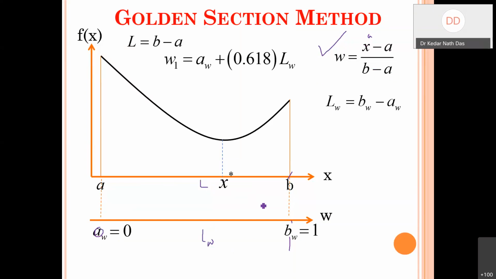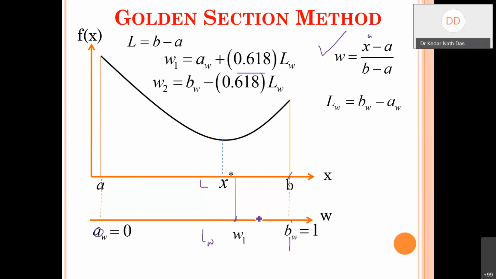L is the length from A to B, and W1 can be calculated just by using this golden number, the inverse of this golden number. So that is phi inverse: AW plus 0.618 LW. It says that W1 you can reach somewhere here, which is actually 61.8% away from AW. So you can have a point over here as W1.